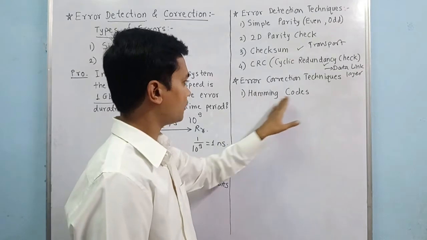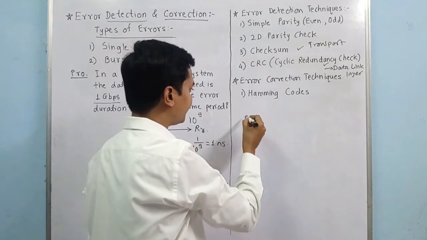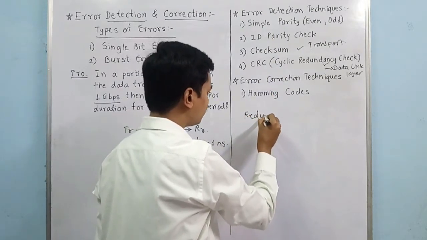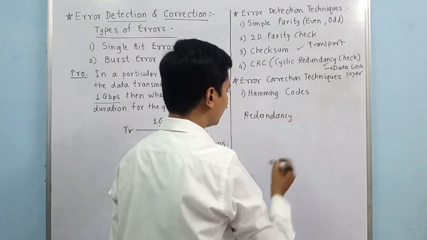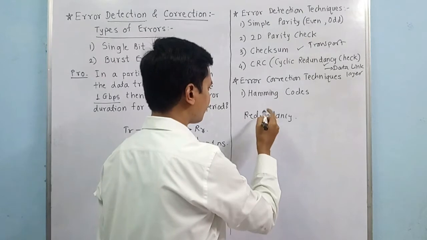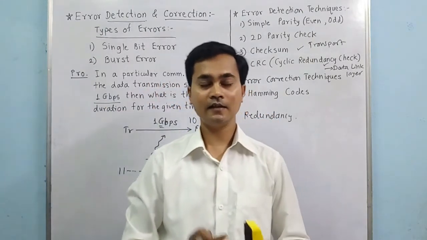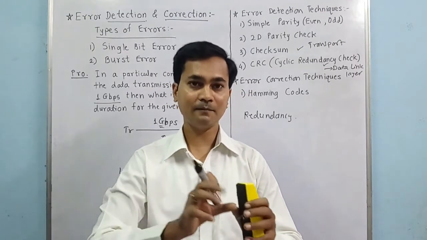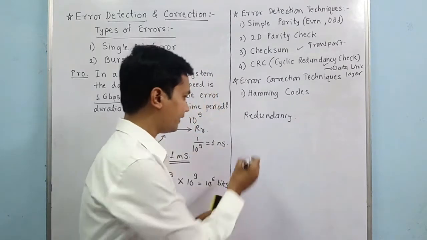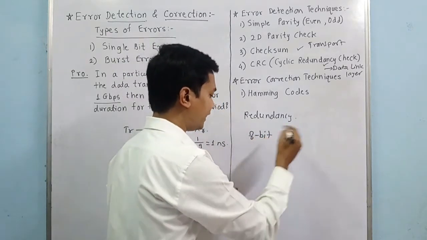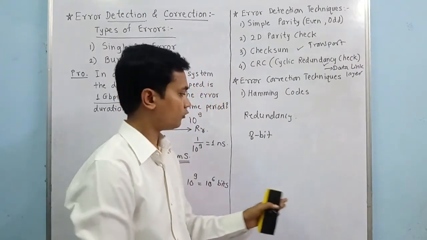Hamming codes and all these error detection techniques work on the basis of redundancy. Redundancy means the number of additional bits we attach while sending the data. Suppose the transmitter is sending 8-bit data; it doesn't send only this 8-bit data.